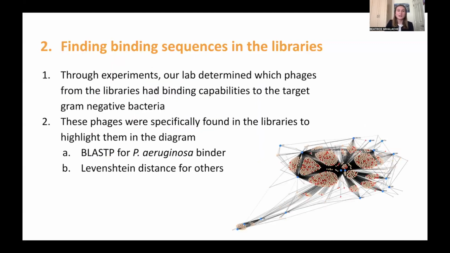Then I isolated the binding sequences in the libraries such that they could be highlighted in red. And so our lab, through experiments, determined which sequences bind, and then I found these specific sequences in the data set.